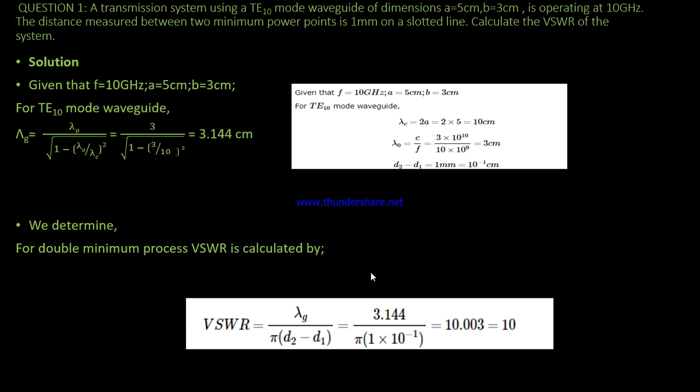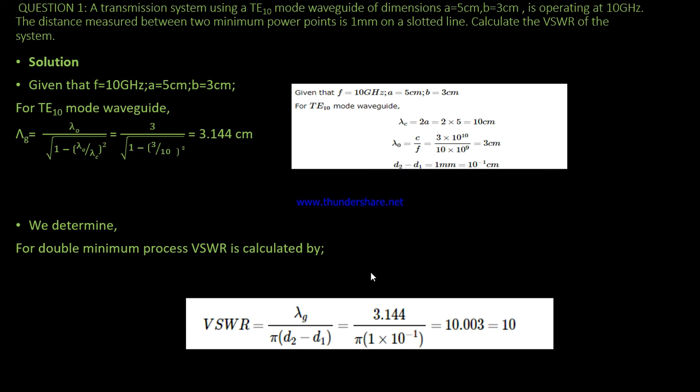But as it is given in T10 mode waveguide, your cutoff wavelength is 2 times A, that is the longer side of the rectangular waveguide. Dimension A is 5 cm, so you have 2 times 5, which is 10 cm.